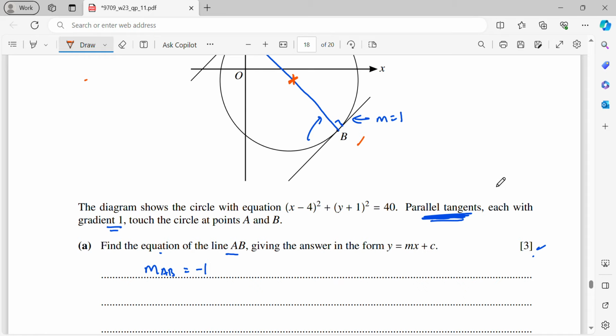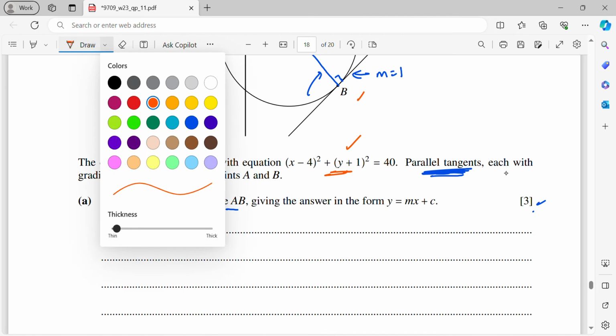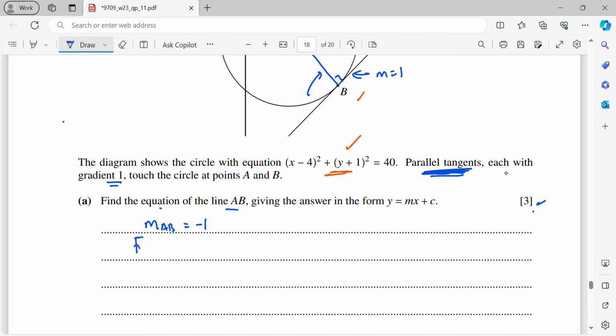Okay, so I can get the center of the circle by referring to the equation of the circle. So I will write from x minus 4 squared plus y plus 1 squared equals 40. We know that the center is 4, minus 1. Okay, how to get the minus 1?